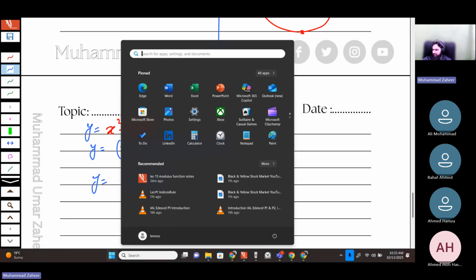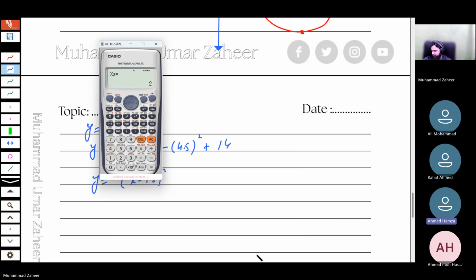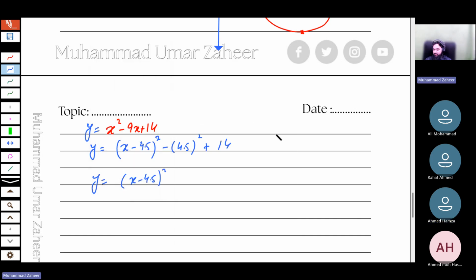Let's find this value by using a calculator. It will be minus 25 over 4. In decimal it will be 20.25.